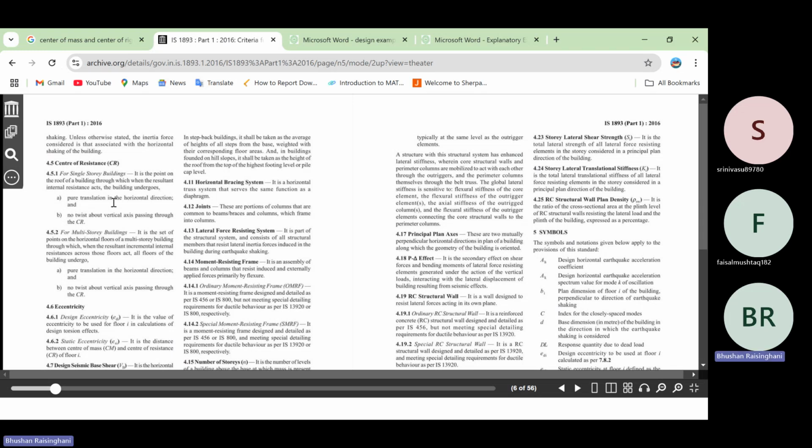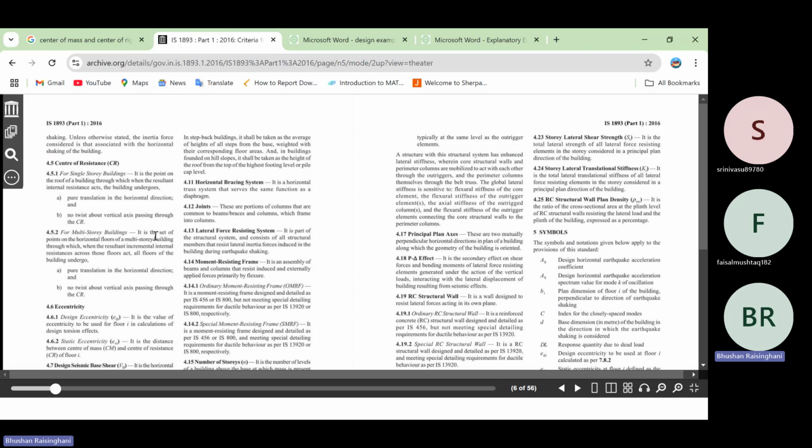And it is the point where no twist occurs. Okay, so that is the definition of CR. I hope the CM and CR definitions are clear, right?